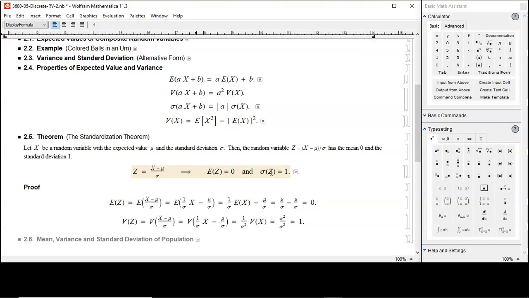Expected value is 0, and the standard deviation is 1. Variance is 1, so standard deviation is the square root of 1, which is 1. And this expression will turn out to be very, very important in the next module, and as a matter of fact, all the way toward the end of the semester.